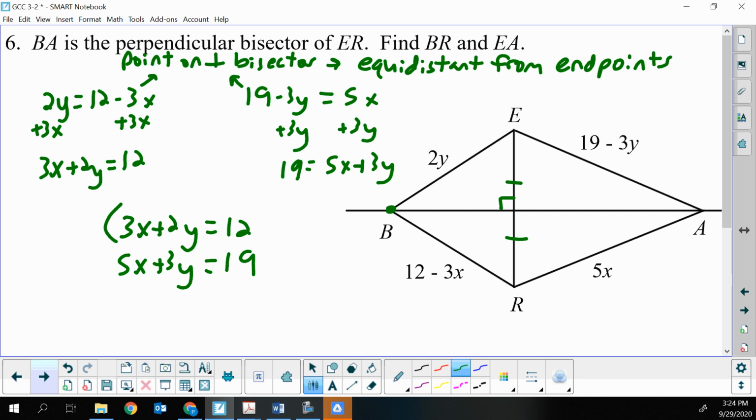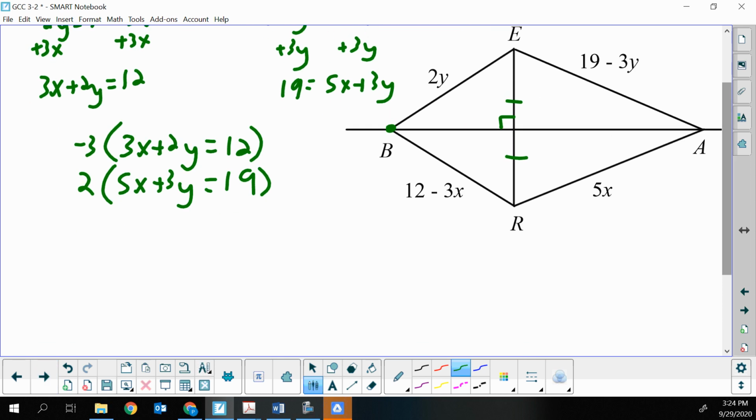And maybe we'll get rid of the y's, so we could multiply this by negative 3 and that by 2, because that would get our y's to be 6 and negative 6. So we're going to have negative 9x minus 6y equals negative 36.